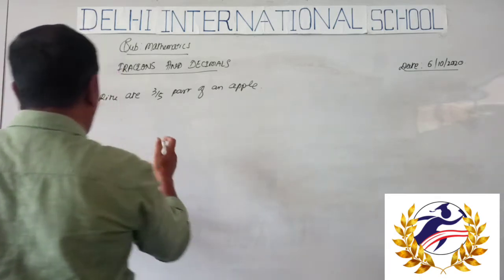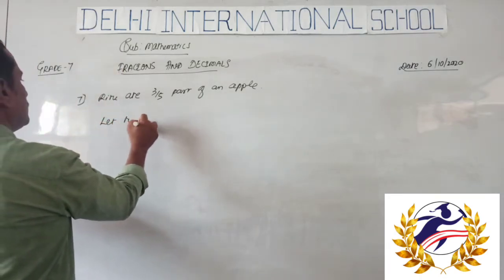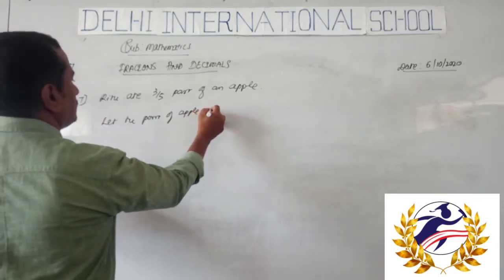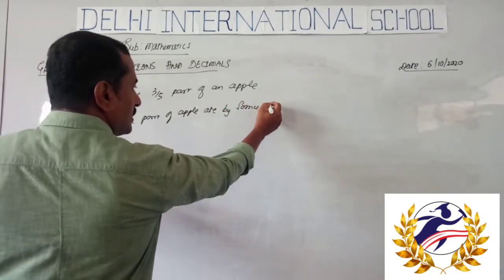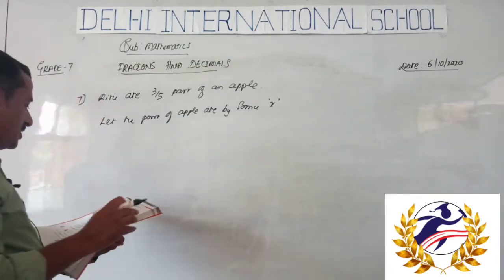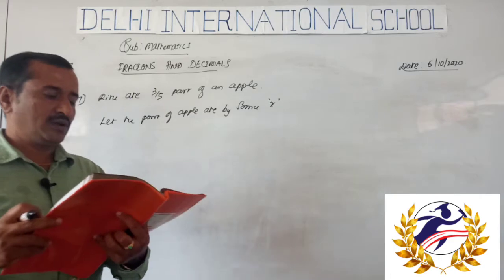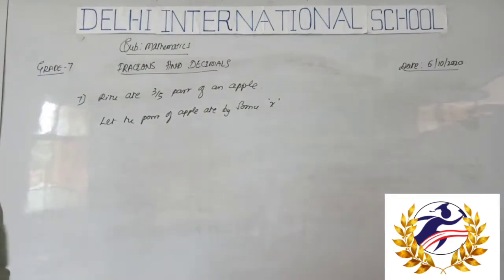We don't know how much Somu ate. Let the part of the apple eaten by Somu be x. So we will find out how much part of the apple Somu ate, who had the largest share, and how much greater it is.